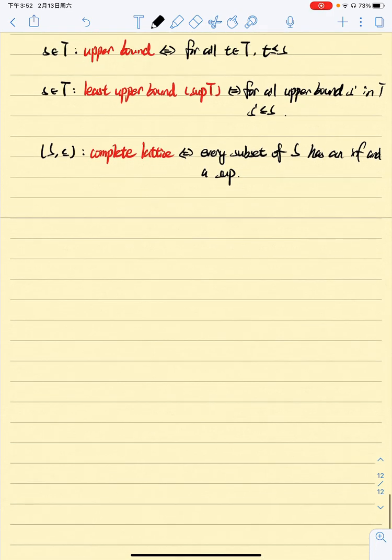Okay, let's see. Here I forgot to say if a subset of an ordered set has a sup, then the sup is unique.